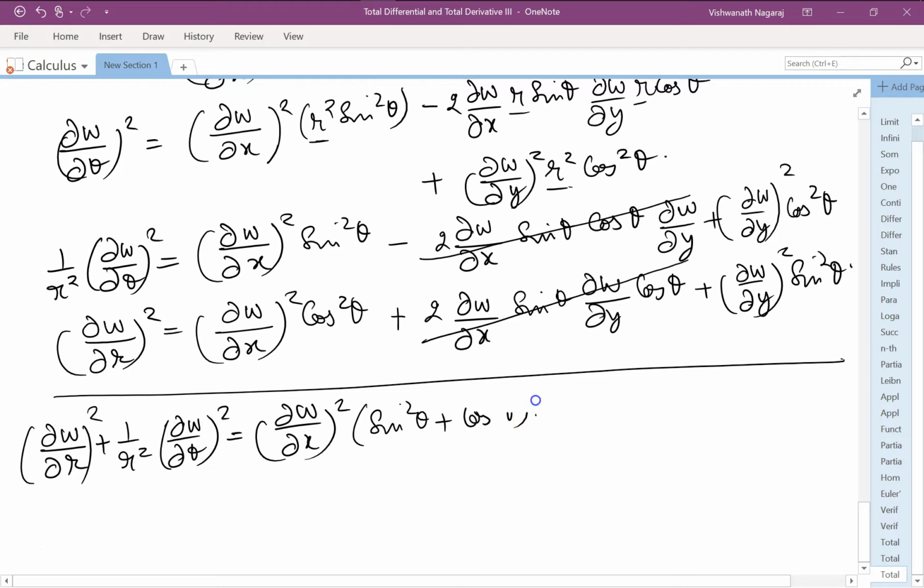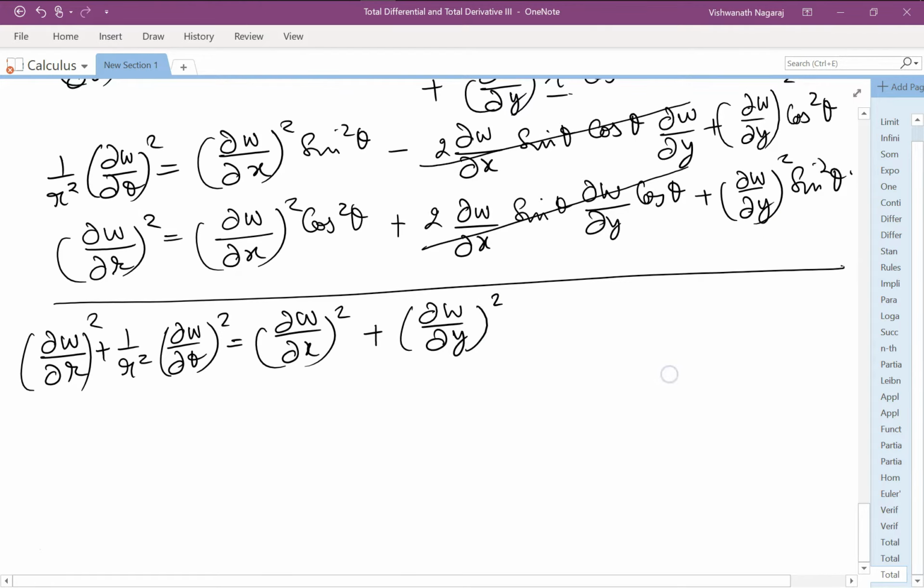Now remember, this is equal to 1, so we don't have to write it, plus same thing happens here, (∂w/∂y) the whole square, sin²θ plus cos²θ is 1, right?